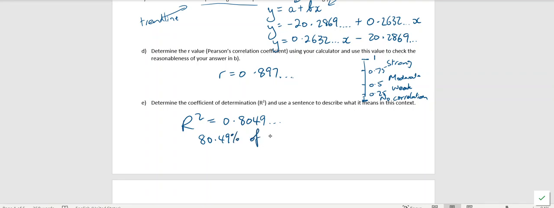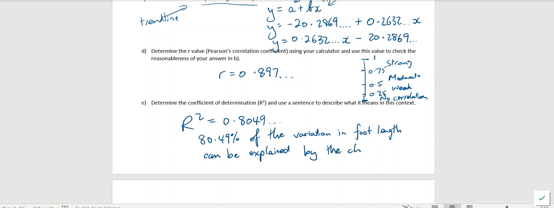80.49% of the variation in the y-axis, and on our y-axis here is foot length, of the variation in foot length can be explained by the change in height.